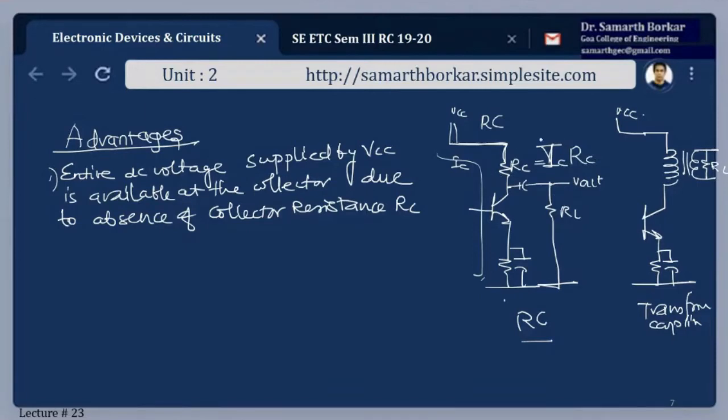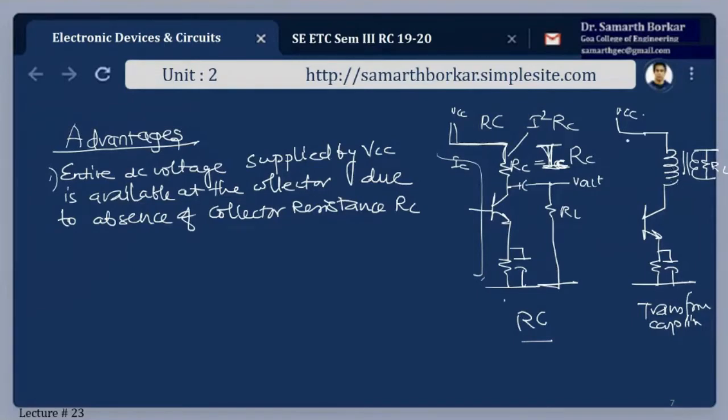Now this DC voltage drop, see the alphabets capital, is of no use to us. It is simply dissipated as heat, that is I square RC. But when I replace this resistor by the windings, then there is no DC voltage going to drop across this primary winding.